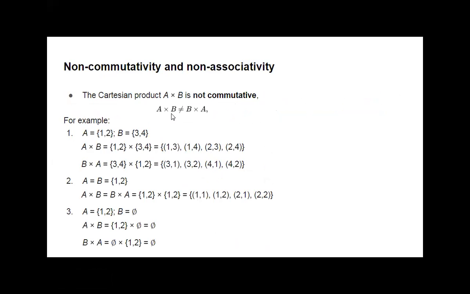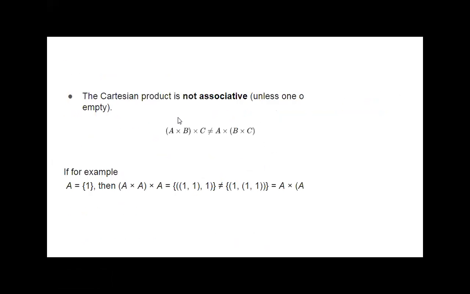The Cartesian product of A and B, meaning A cross B, is not equal to B cross A. Okay, because these are ordered pairs, so A cross B is not equal to B cross A. Then they are not associative also, meaning (A cross B) cross C is not equal to A cross (B cross C). You can see the parentheses here. Okay, the order we cannot change, so these are not associative also.